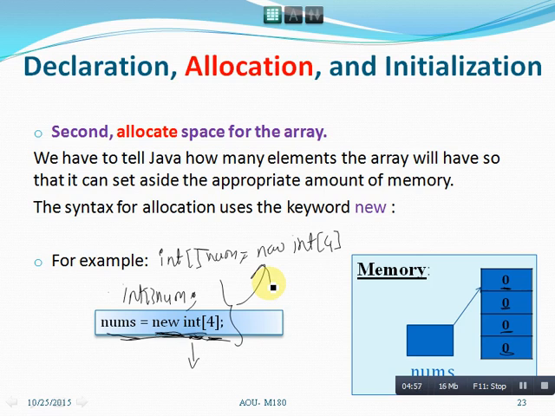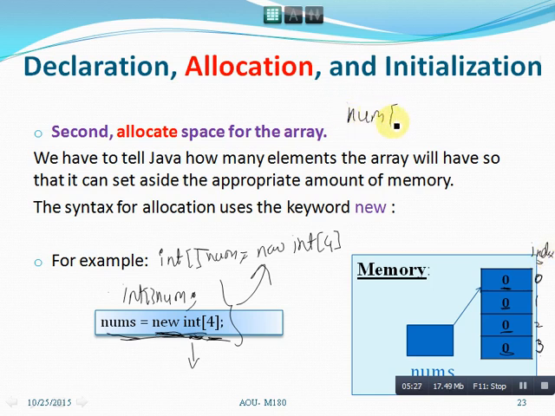We can also assign the values to the array with the help of the index. The index starts from 0 and goes till the length minus 1. So the length is 4 elements, minus 1 is 3, so from 0 to 3. Now we can assign the value to the element with the help of this index. For example, I want to assign 10 to the first element.